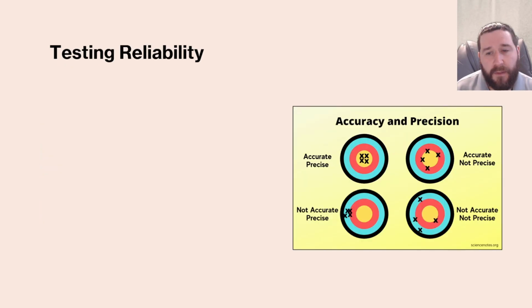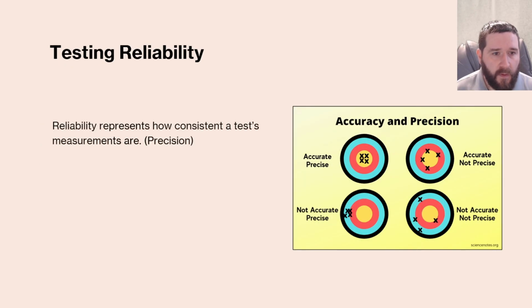Additionally, there's reliability. Reliability represents how consistent our test measurement is. In the science world, that's called precision. So I like to think of validity as accuracy and reliability as precision.